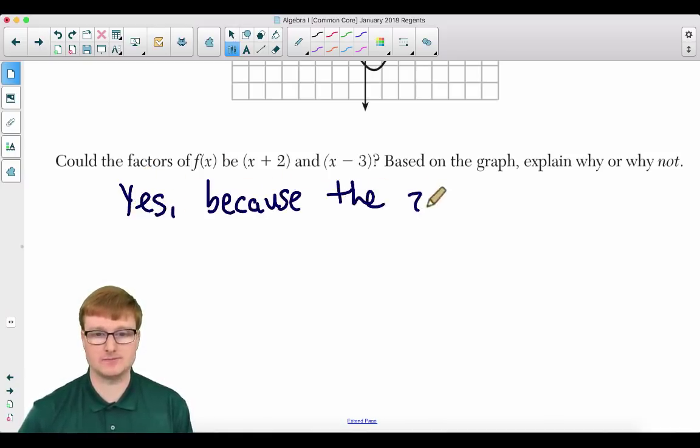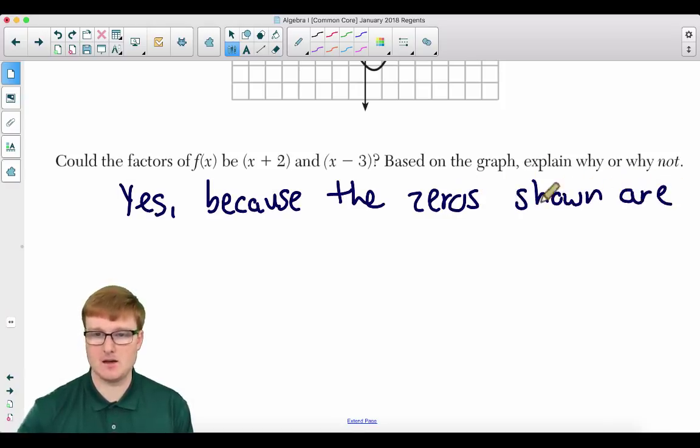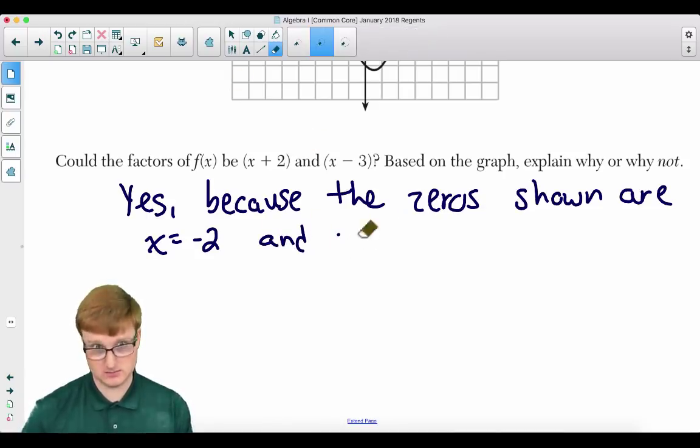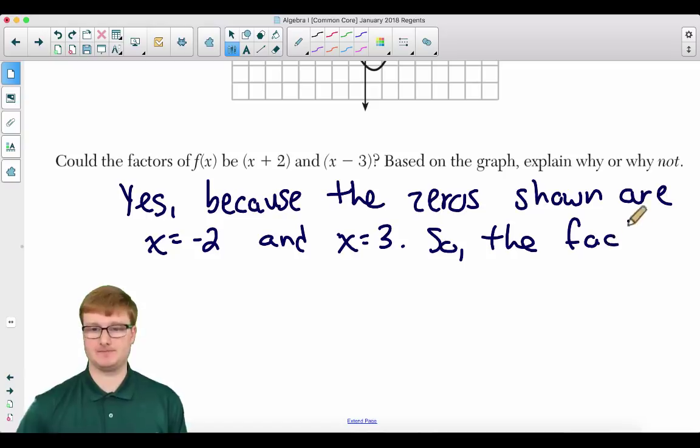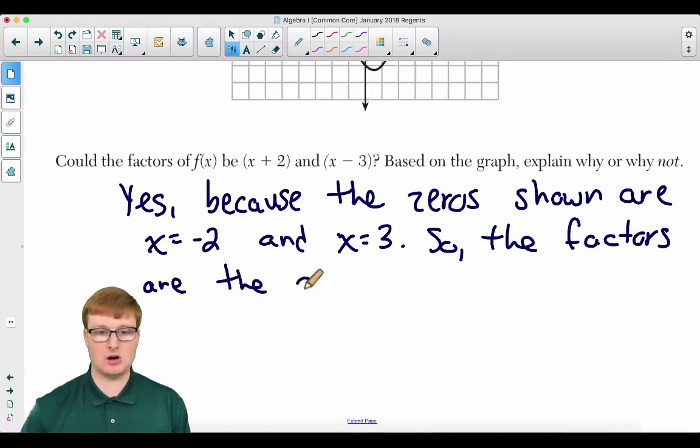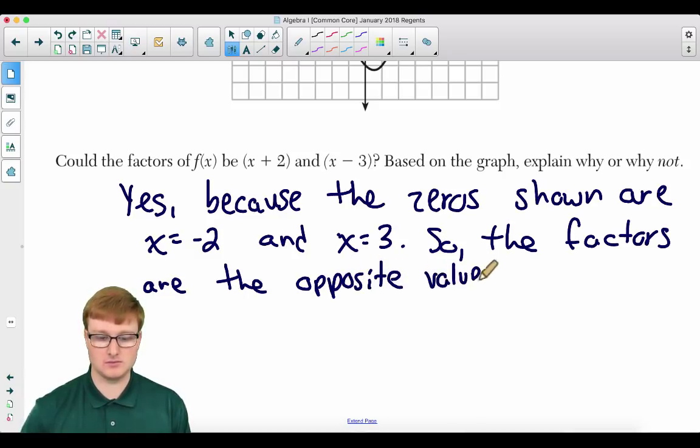because the zeros shown are x is equal to negative 2 and x is equal to 3. So, the factors are the opposite values of x.